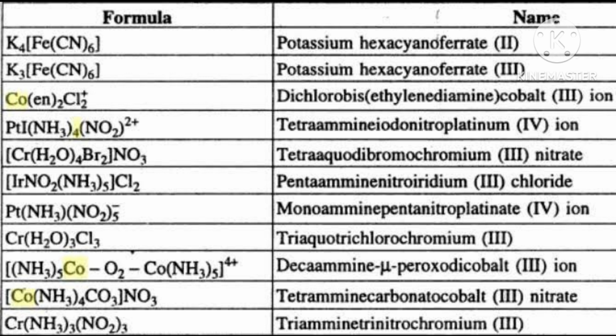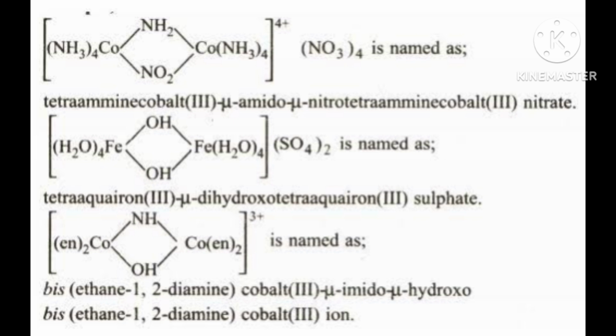This procedure is reversed from writing the formula. In the formula, first you write the central atom, always remember, and after that the ligands. But in naming, the ligands are named in alphabetical order before the name of the central atom.